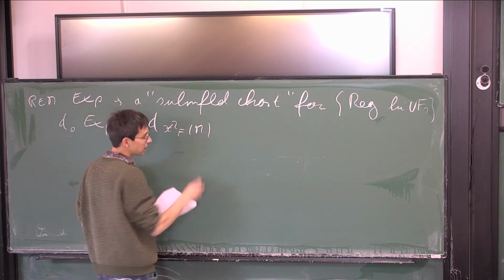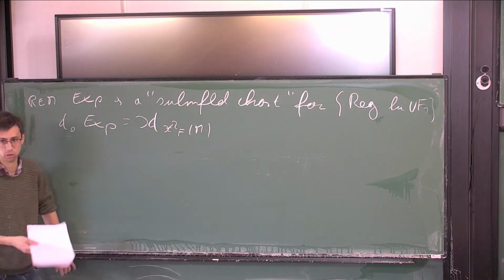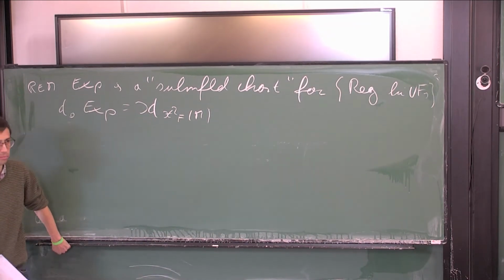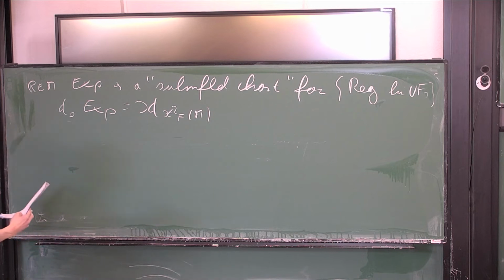So it behaves exactly like, I don't know, the exponential map of a Lie group or a Riemannian exponential map. Okay?